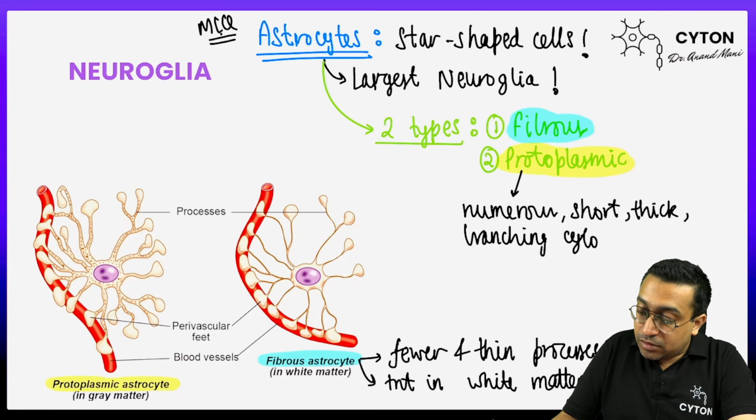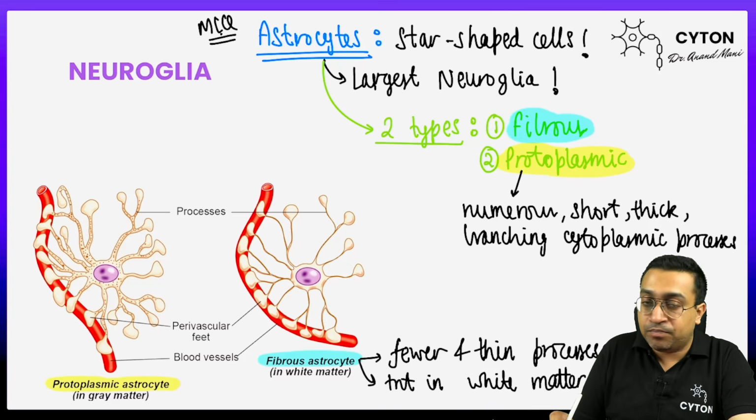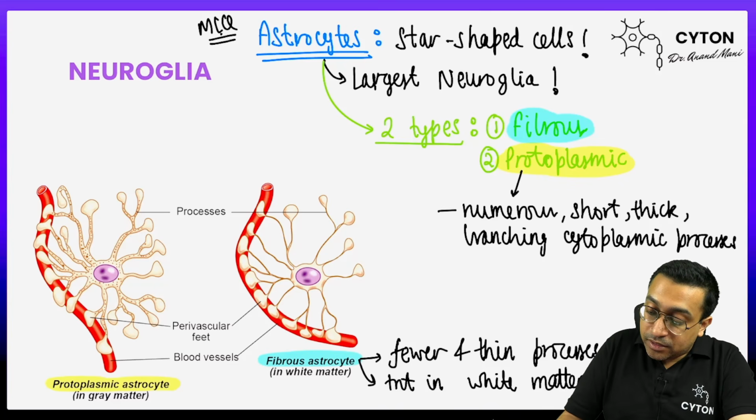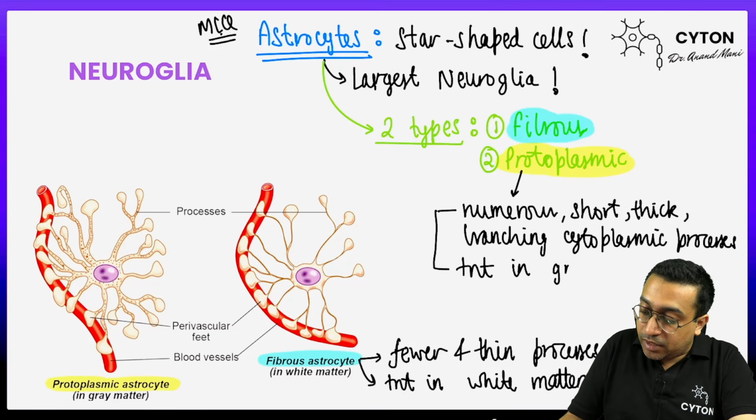Okay, and they are found in, or I can say present in, gray matter of CNS.